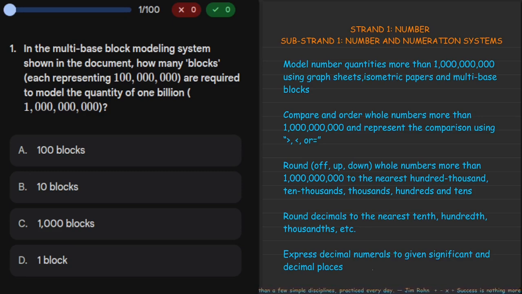Comparing and ordering whole numbers more than a million and representing the comparison using greater than, less than, or equal to, and then rounding off, up and down, whole numbers more than a million to the nearest 100,000, tens of thousands, thousands, hundreds, and tens, and then rounding decimals to the nearest tenth, hundredths, and thousandths, and finally expressing decimal numerals to given significant and decimal places.